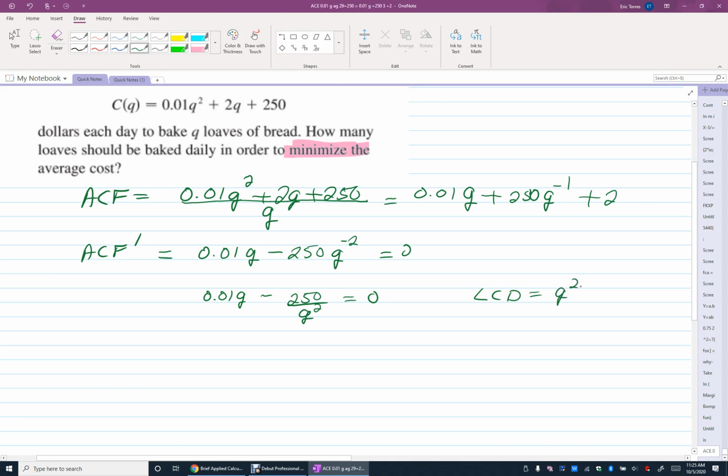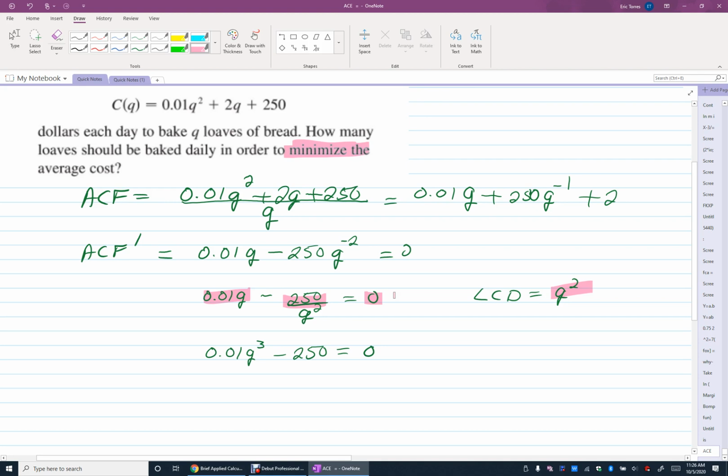And I'm going to multiply each and every element in my equation by my LCD, giving me 0.01Q cubed minus 250 equals 0. So again, each one of these was multiplied by Q squared. And 0 times Q squared is still 0.